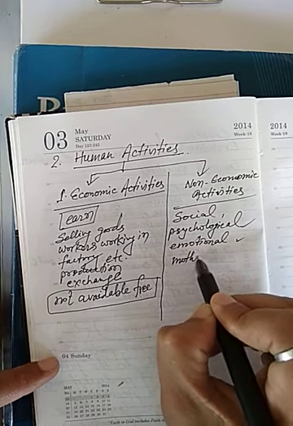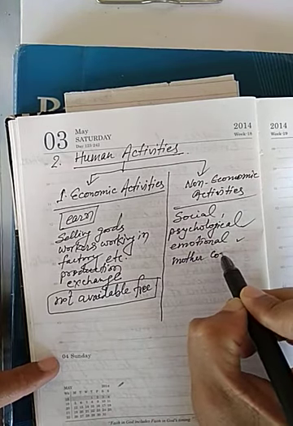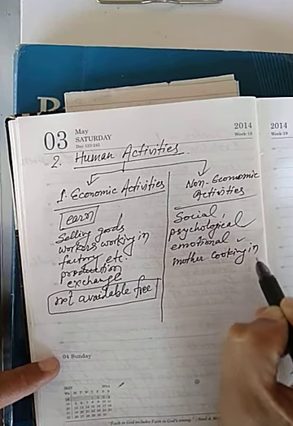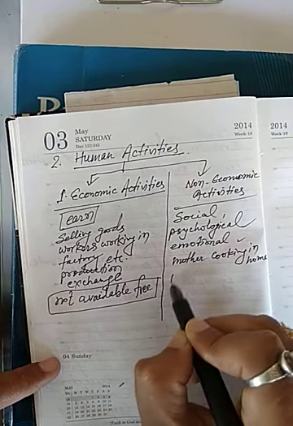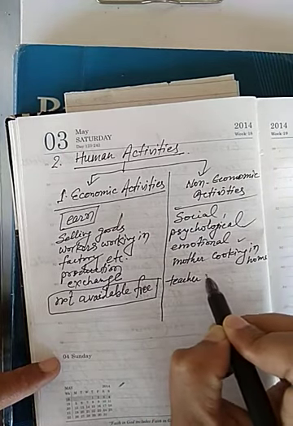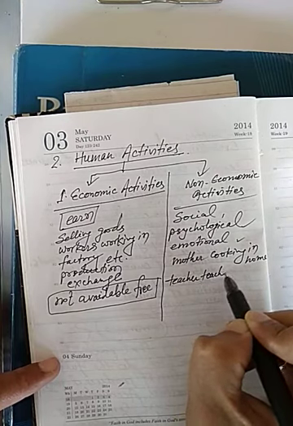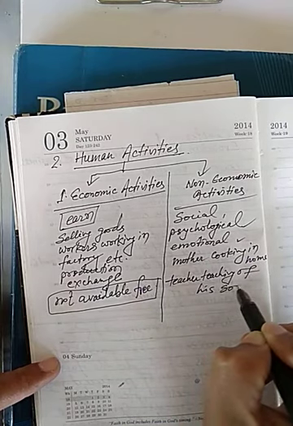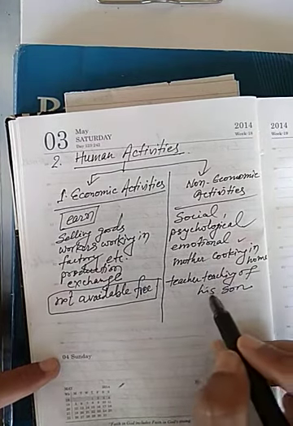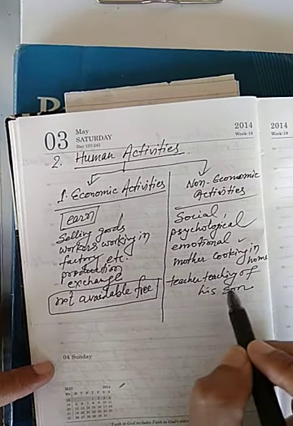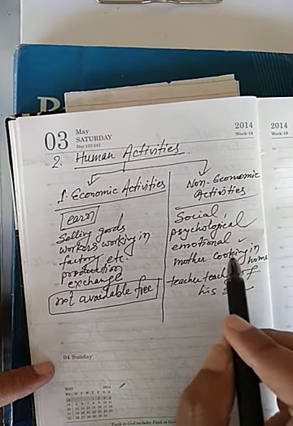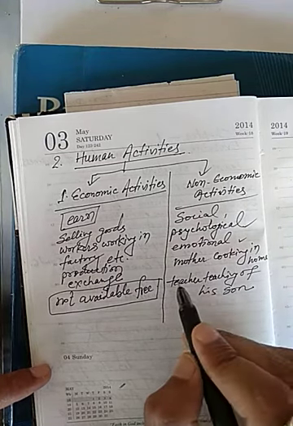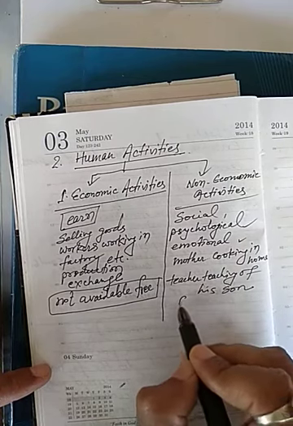For example, mother cooking at home, teacher teaching his son, etc. may be examples of non-economic activity. It is available free.